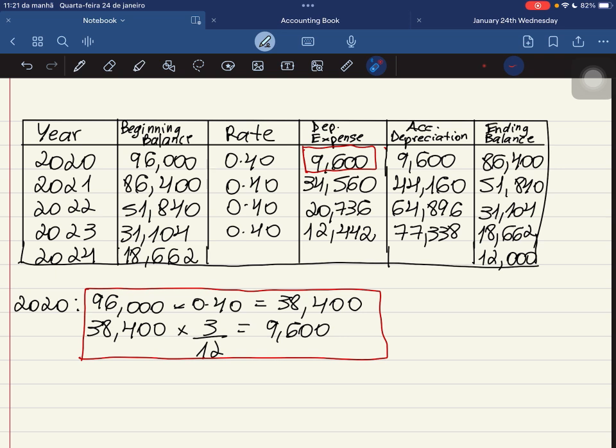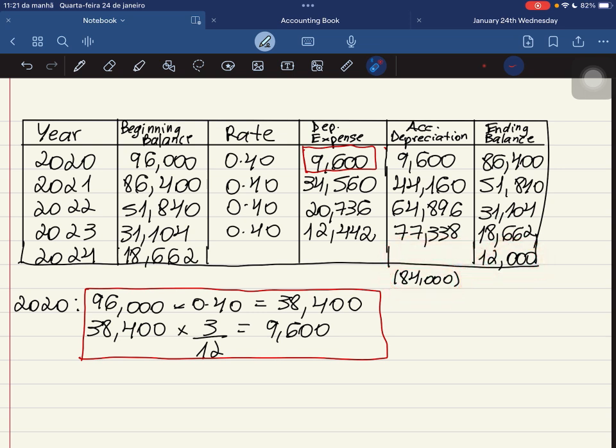That means that this number over here has to be what? The beginning balance, the cost of the machine was 96,000. If you do 96,000 minus 12,000, you would get, in theory, 84,000. And this is the number that you actually need, right? You need the accumulated depreciation to be 84,000 in order for you to get a 12,000.